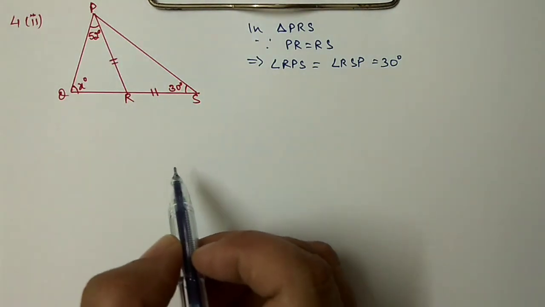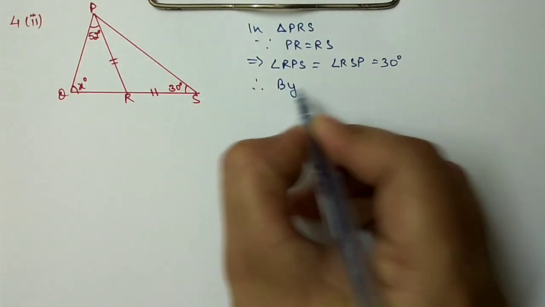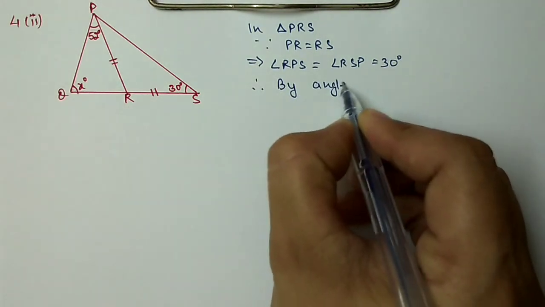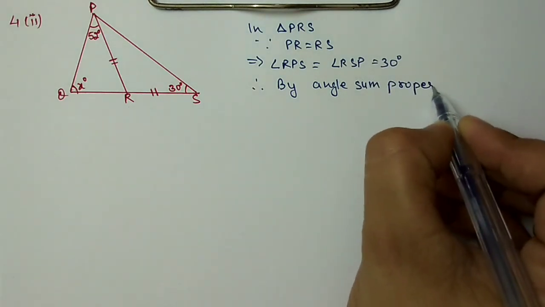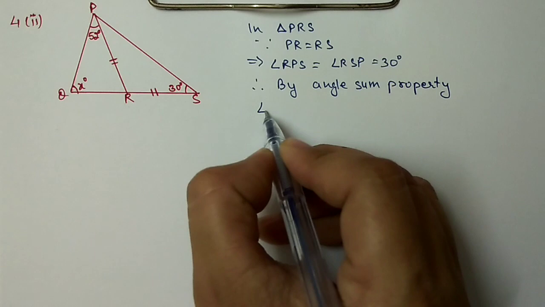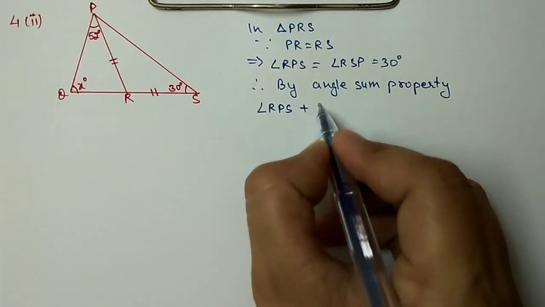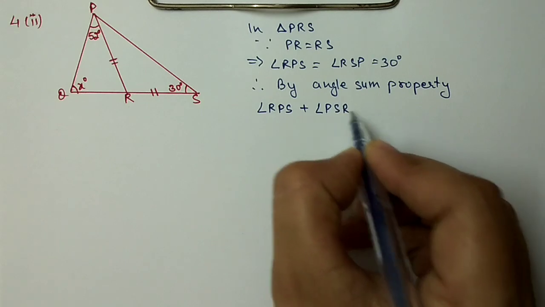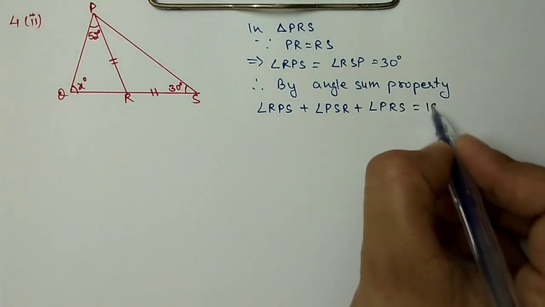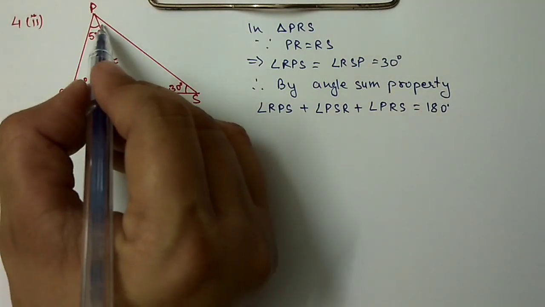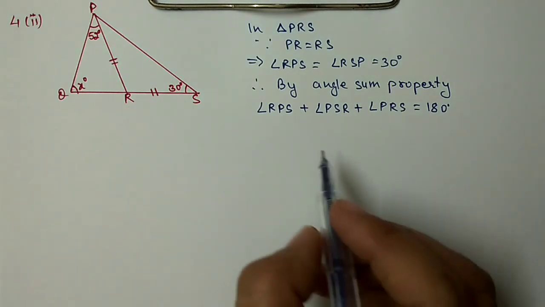Now we can use angle sum property in this triangle. Therefore by angle sum property, angle RPS plus angle PSR plus angle PRS is equal to 180 degree. This angle plus this angle and this angle will be 180 degree.